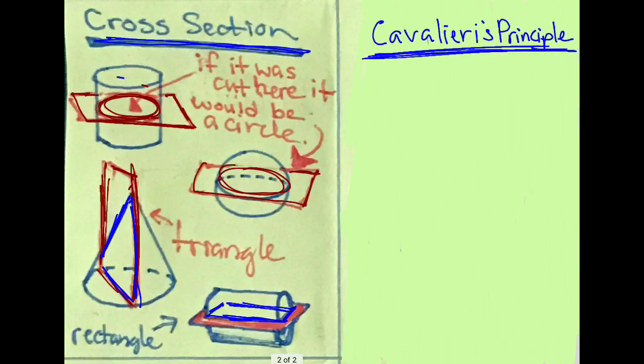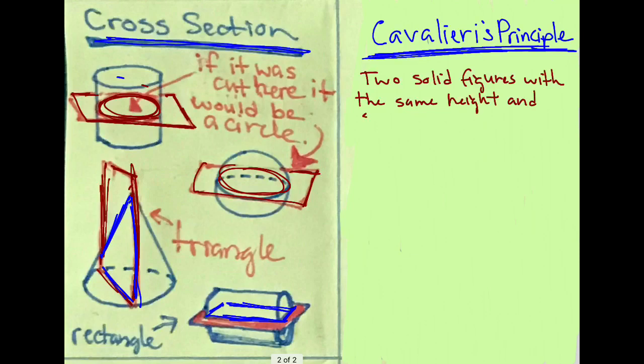All right. So basically, Cavalieri's Principle just lets us know if we have two solid figures with the same height and same bases.